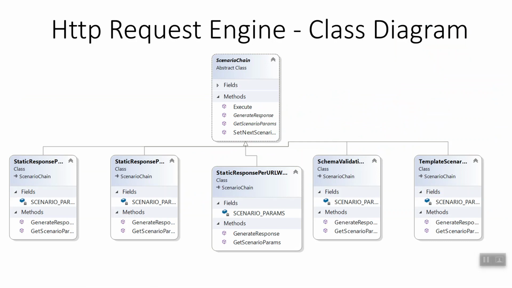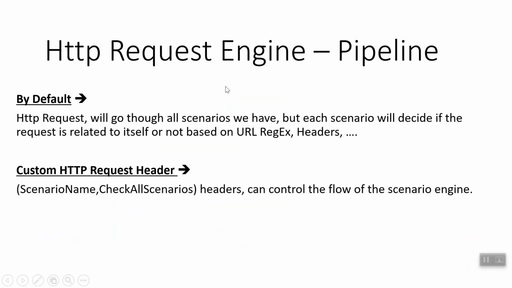The class diagram is very simple. We have some functions. This is an abstract class; I have execute, generate response, generate scenario params, set next scenario, and each scenario or handler will implement the main one.